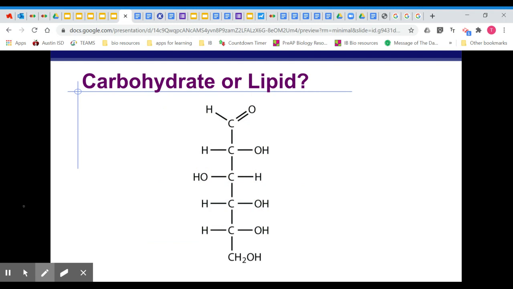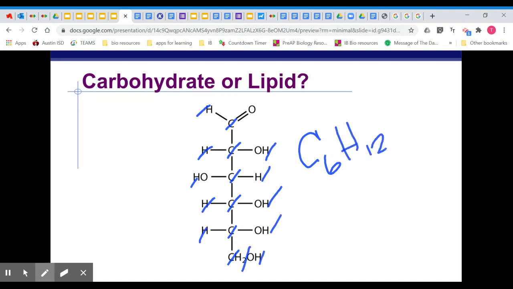All right, this one's a little bit trickier. What's going on here? So if I look, I've got 1, 2, 3, 4, 5, 6 carbons. 1, 2, 3, 4, 5, 6, 7, 8, 9, 10, 11, 12 hydrogens.